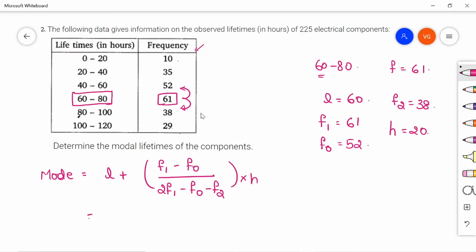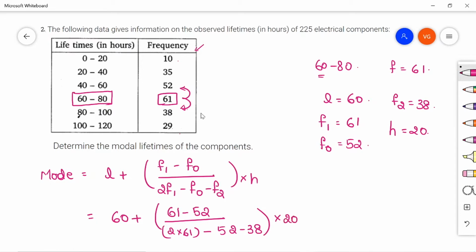So simple, just substitute these values in the formula. So 60 plus (61 minus 52) divided by (2 into 61 minus 52 minus 38), multiplied by 20.